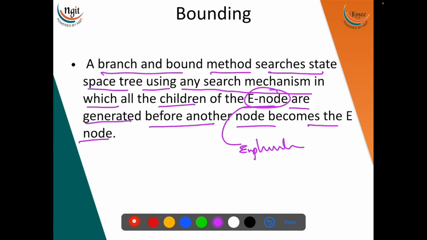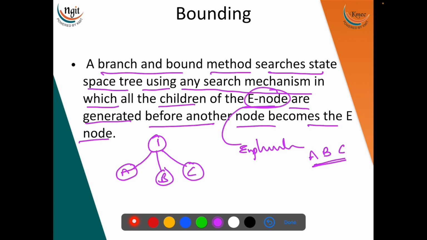Now let's see an example where I want to make these three people sit together. I'll make A, B, C in one row. You might have noticed the construction of the state space tree. If it is using backtracking, then we generate the E node, exploring the node depth wise, right? But now it is branch and bound. In the beginning of the video I told you branch and bound uses BFS, and that's why A, B, C are together.